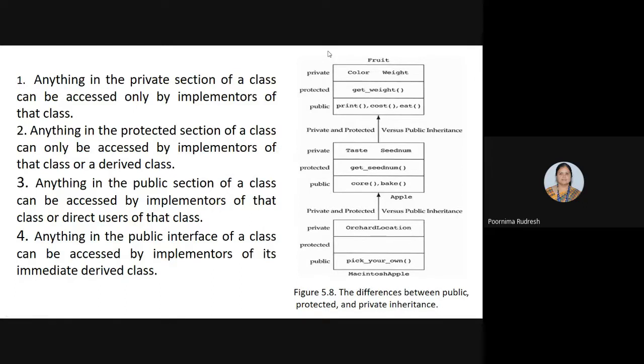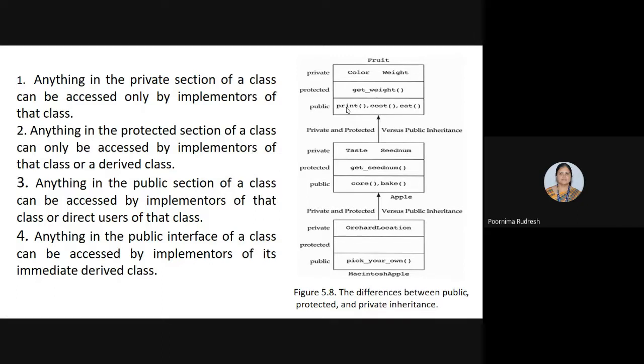Now, what are the things present in the public section of fruit class? Print, cast and eat are present in the fruit class. Similarly, core and bake are present in the apple class, and pick your own is in the public area of Macintosh apple class. So whatever is present in the public section is accessed by the implementers and users of that particular class only.